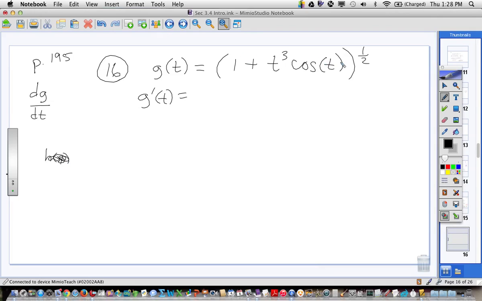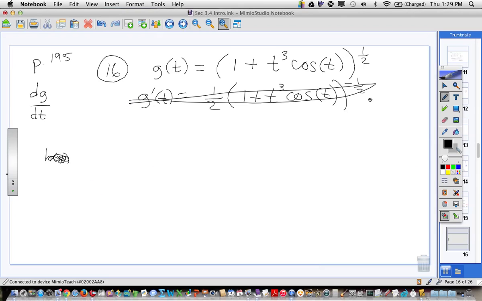Anyway, so we start on the outside. We bring the 1/2 down in front. We get 1 plus t cubed cosine t, because we leave the inside alone, to the negative 1/2 times, oh God, start over.